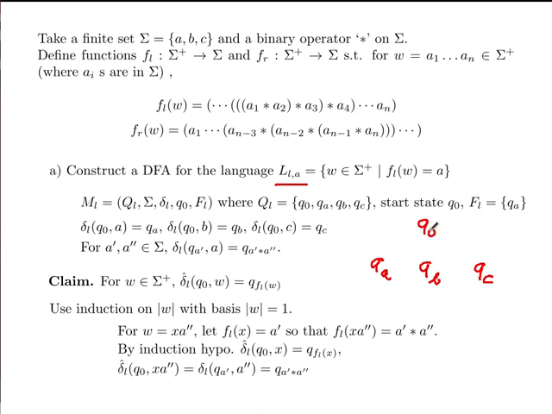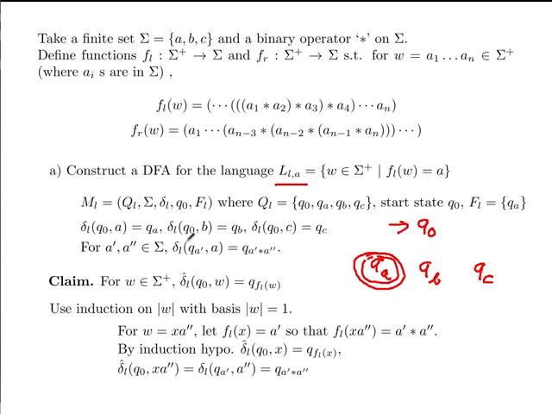This is some other state. And the set of final states is QA. So I have only one final state, which is QA, so I have a double circle here. And this is the start state.